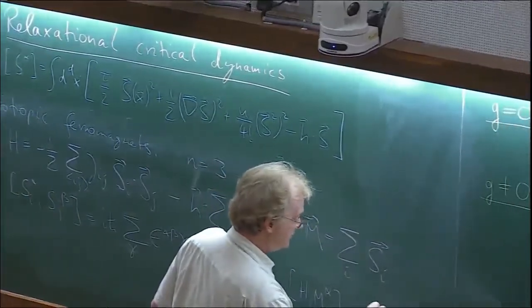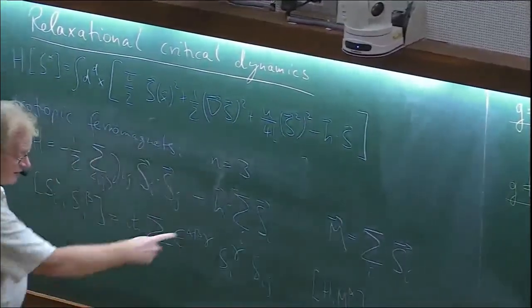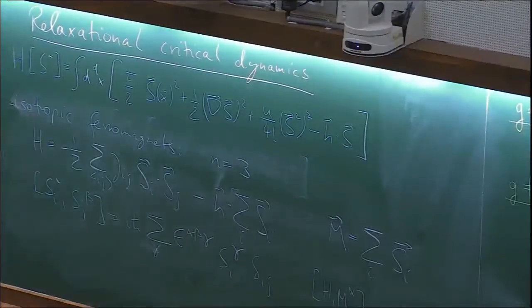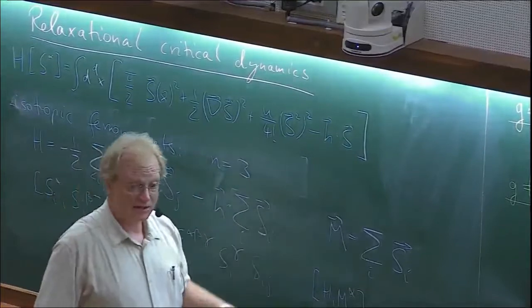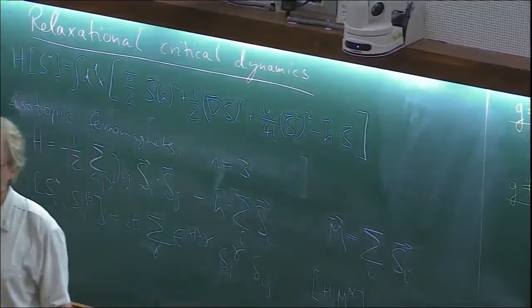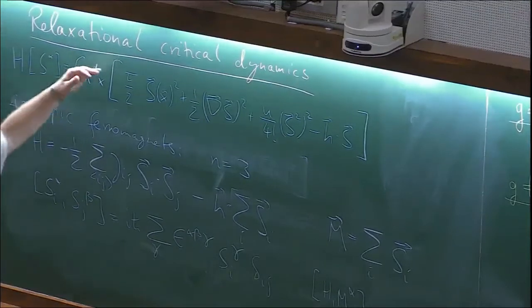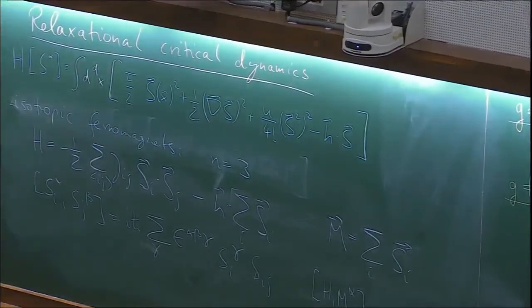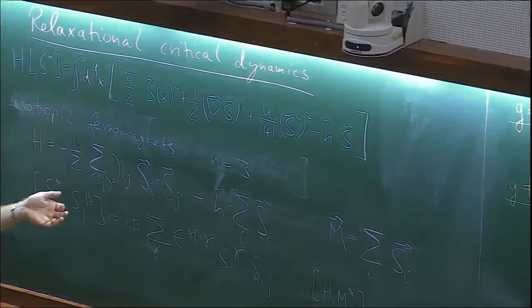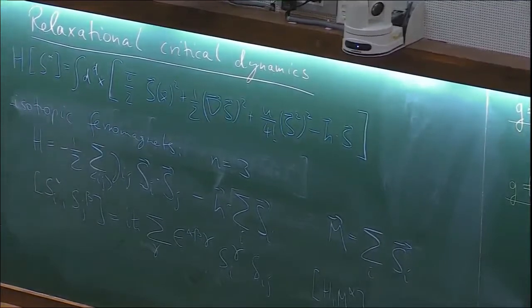And you can easily see that by the fact that this thing is antisymmetric, this commutes. So all components of the total magnetization are conserved in the quantum mechanical sense. So already we know that this order parameter dynamically needs to be a conserved quantity. The best it can do is diffuse or relax. That's the input from here.